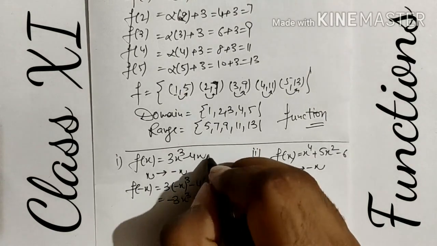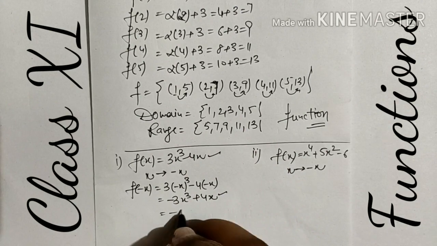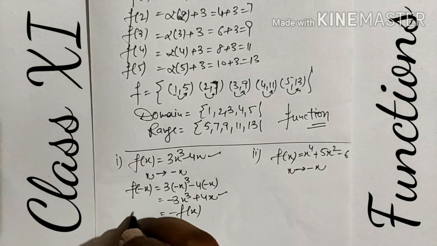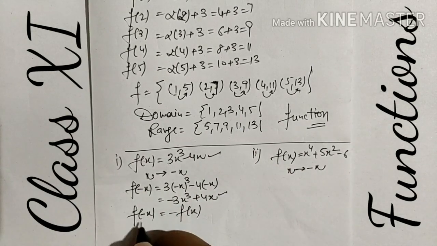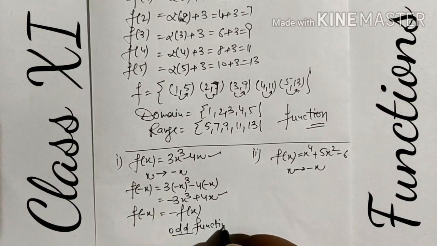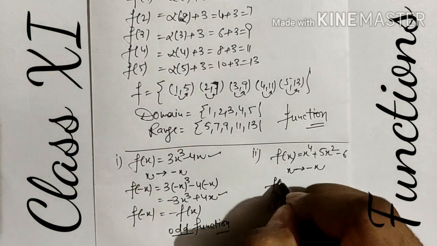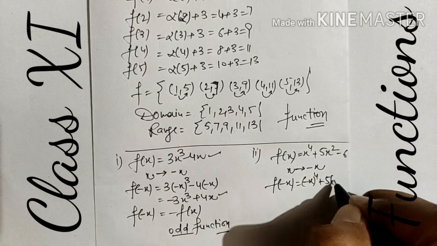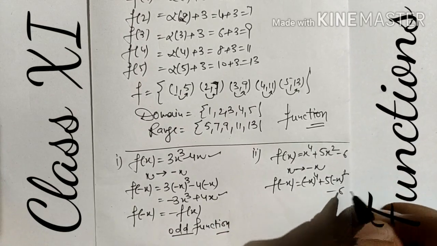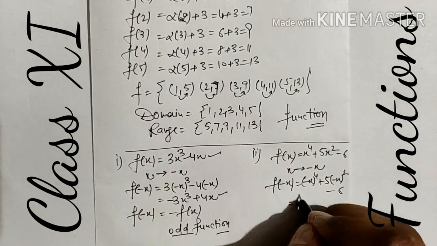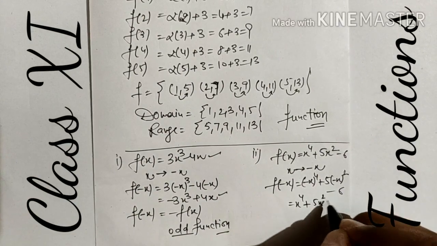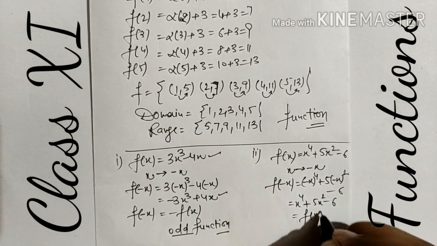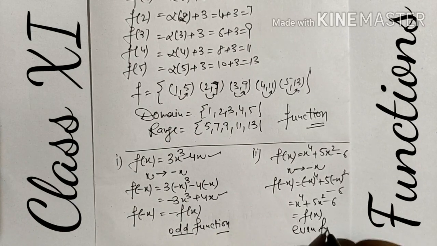It becomes the negative of the original, so we can write minus of the original f of x. When the function after changing x to minus x gives us the negative of the original, it is known as an odd function. On the other side, f of minus x is equal to minus x raised to power 4 plus 5 times minus x whole squared minus 6. Even power gives us plus, so we get this one. It is the same as the original, so it is known as an even function. Like this we can identify.